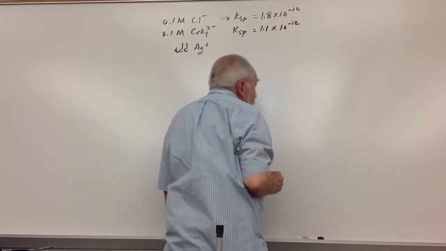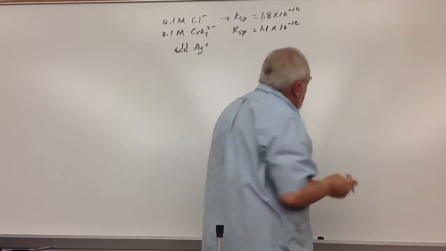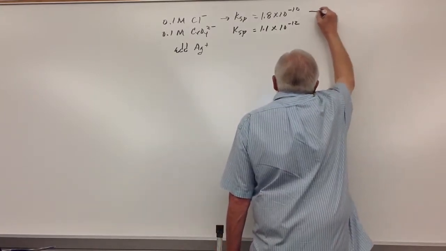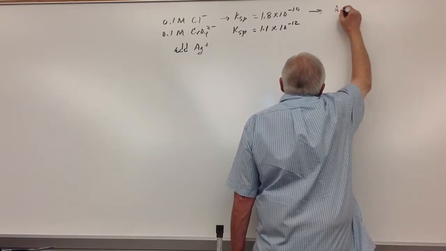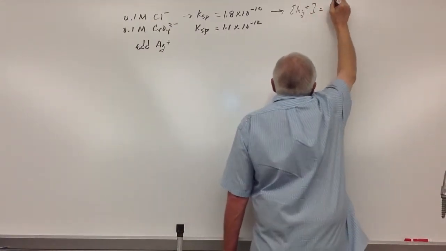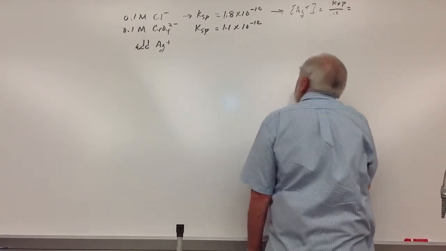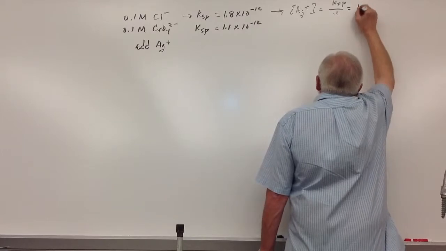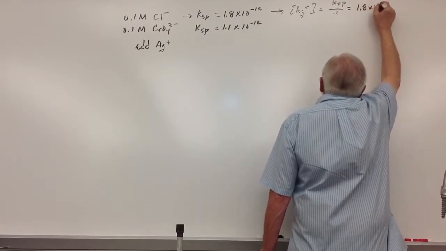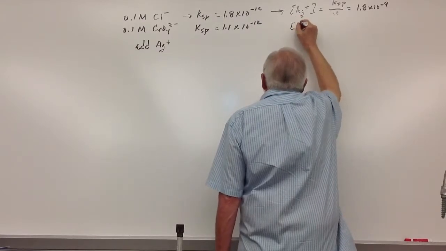We solve for the silver ion concentration you need to just begin precipitating each one of these. Over to this one we got, this was the easy one. And this one we had to do the square root.